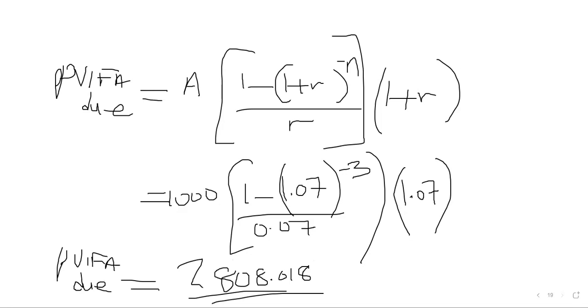The one thing we really need to understand is that the present value interest factor annuity due is at the beginning of the period. So when you're talking about the beginning of the period, you look at the present value interest factor annuity due, and the other one is at the end.